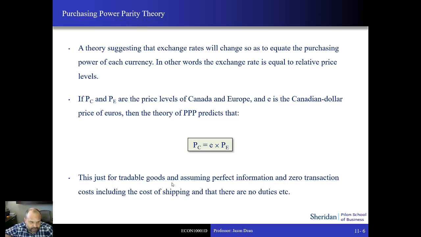If this doesn't hold, you can make a quick risk-free profit, and that's what we call arbitrage. In fact, there are arbitrage departments of investment banks that look for these sorts of things. Nowadays I think it would only exist for a millisecond or so, because everything's so sophisticated and computerized.